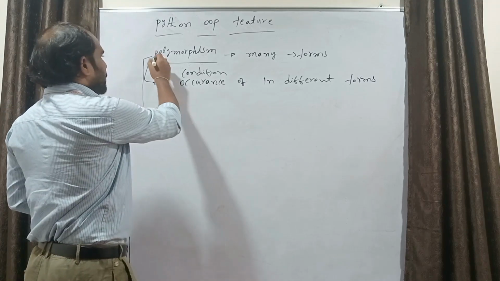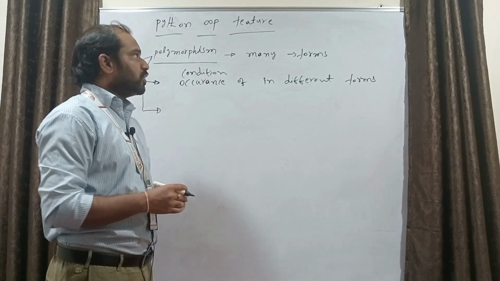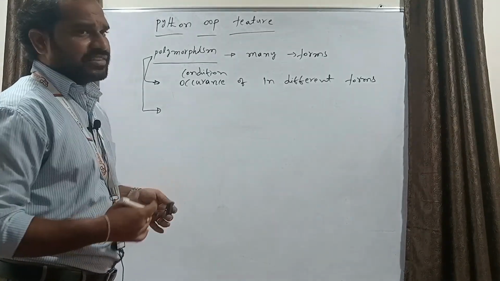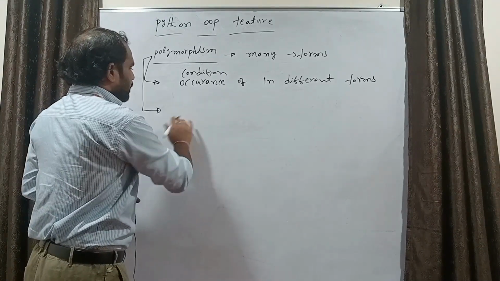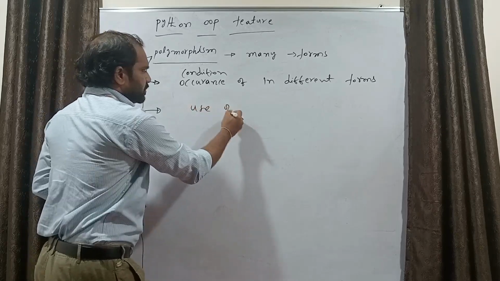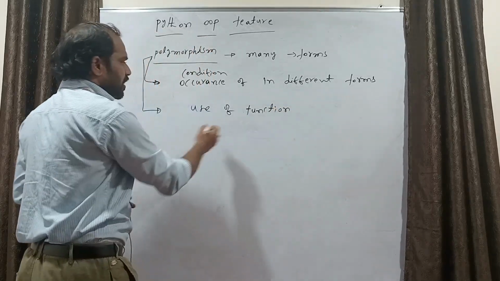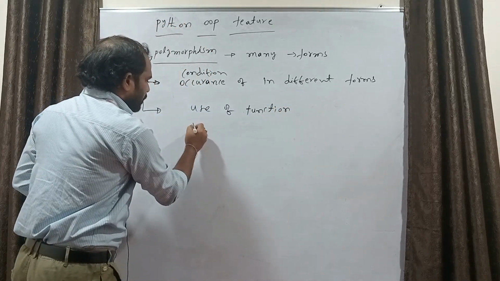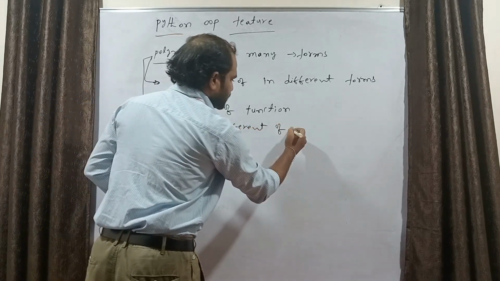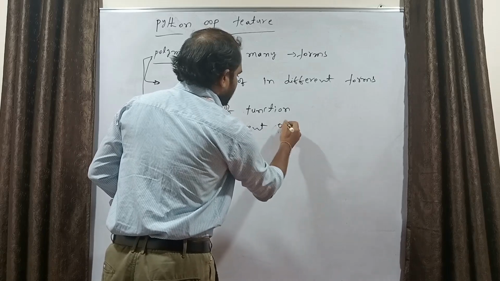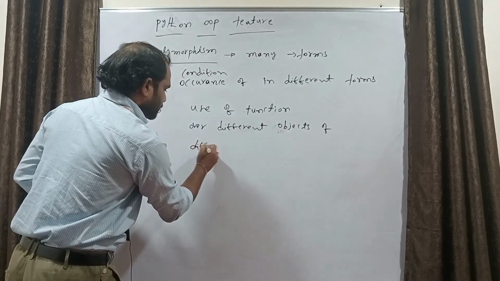So how can we apply this polymorphism in object-oriented programming? If we want to understand polymorphism in OOP, we can say it is the use of one function over objects of different types.